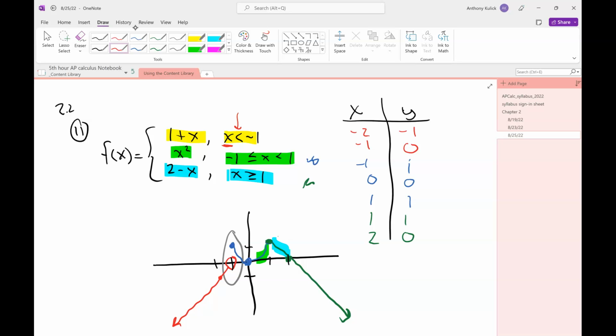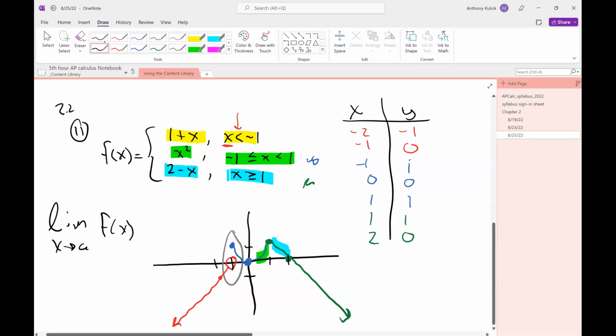And Mackenzie, I misspoke here because I misread the directions. It's asking about the limit as x approaches a of f of x. So this is okay. I thought we were looking at the slope of the tangent line. I didn't read the question well. So that point is fine.